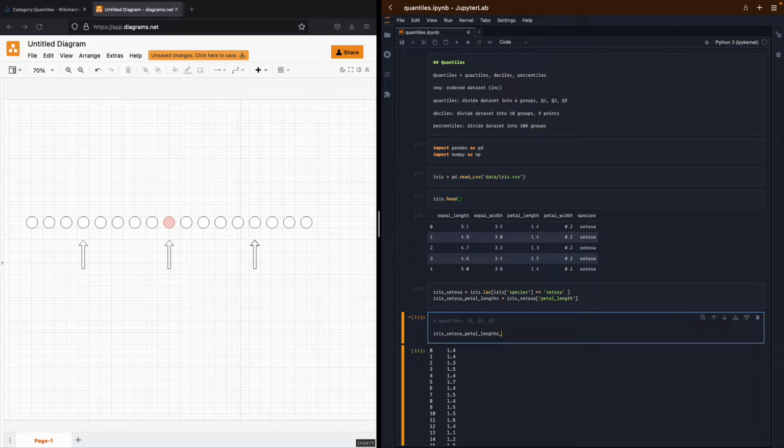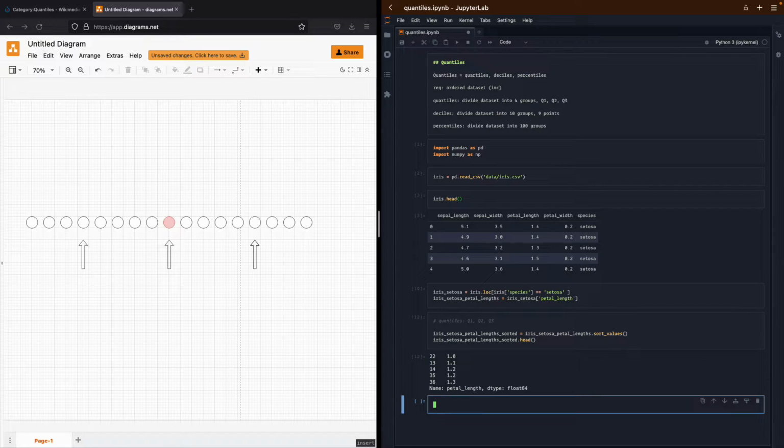First of all, let's make our data sorted, iris sorted. We are going to use sort values from pandas, and let's see iris sorted. Yes, we have now sorted, but our index is messed up, so we are going to fix that index as well.